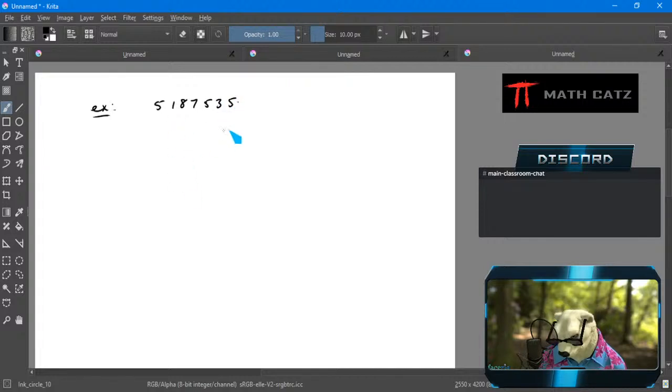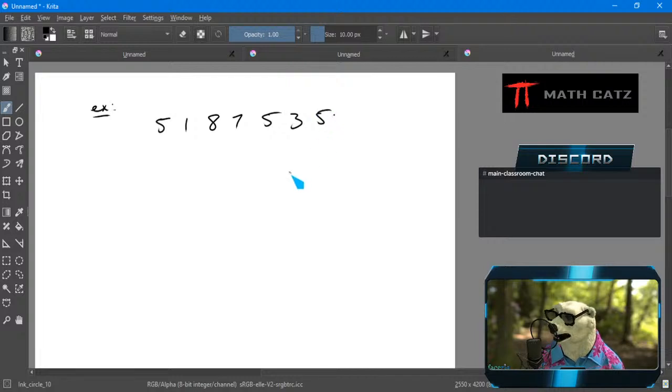I'm going to write this way bigger. Each of these digits is in a specific position, a place in this number.